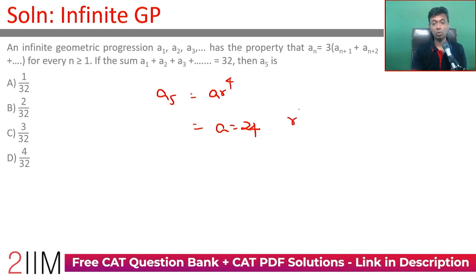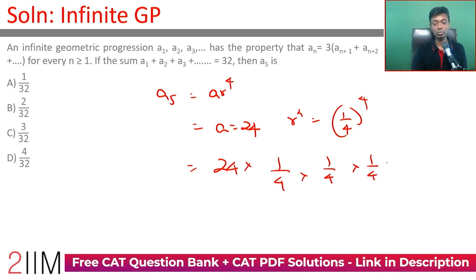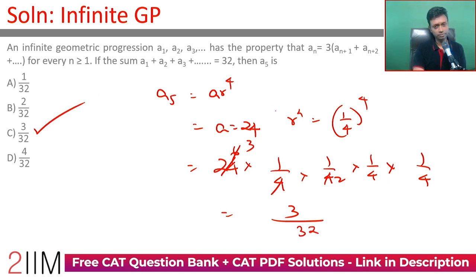R power 4 is 1 by 4 whole power 4. So this is 24 into 1 by 4 into 1 by 4 into 1 by 4 into 1 by 4. 24 by 4 is 6. This is 3 by 2 into 4 into 4, 3 by 32.